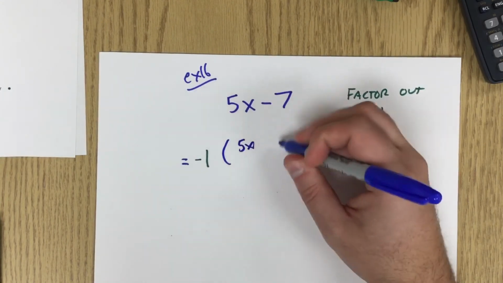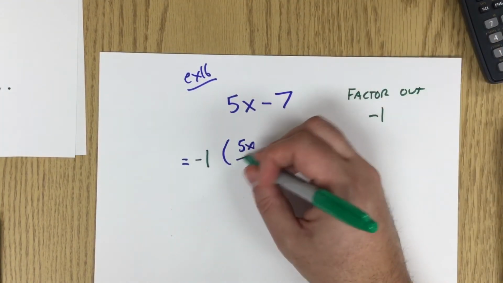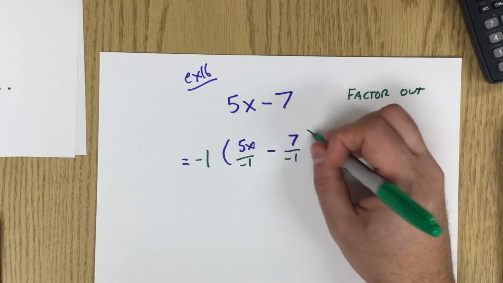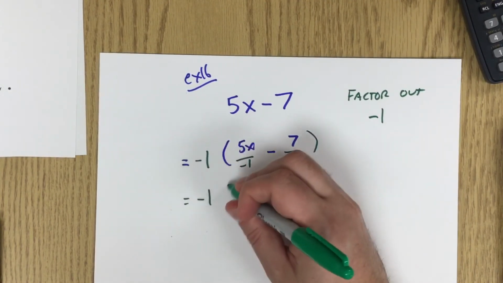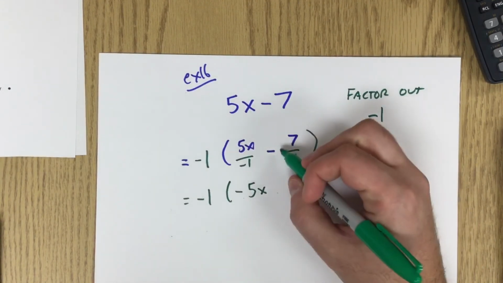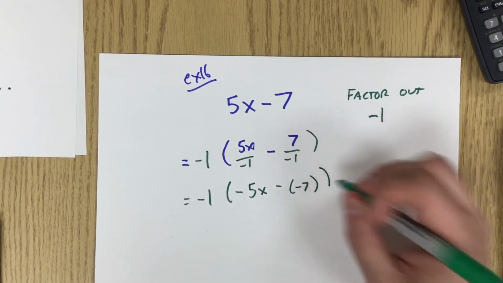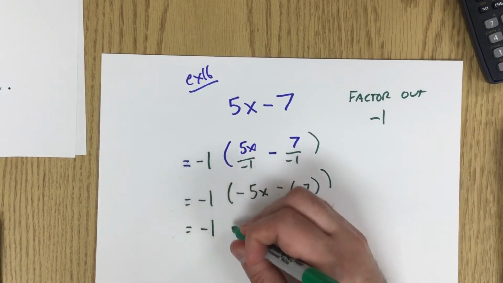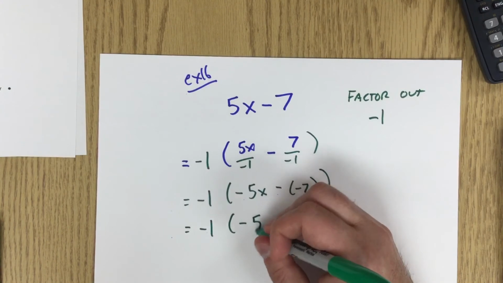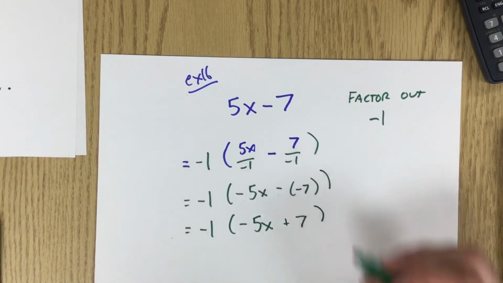So we have 5x minus 7. We're going to get negative 1 times 5 divided by negative 1 is minus 5. Minus 7 divided by minus 1 is minus 7. So we're going to have negative 1 times minus 5x minus minus 7. Another way of writing that is plus 7.